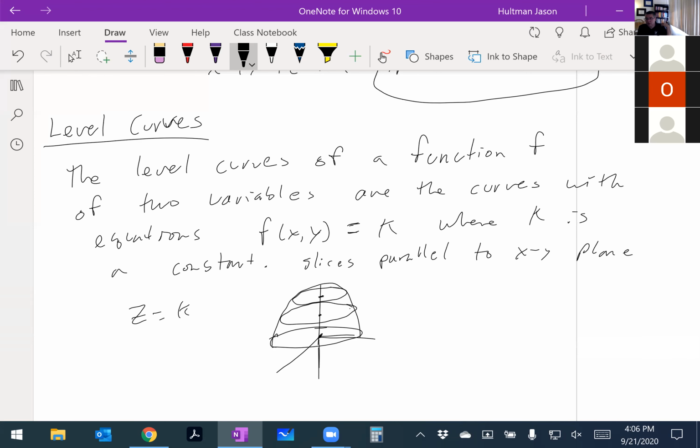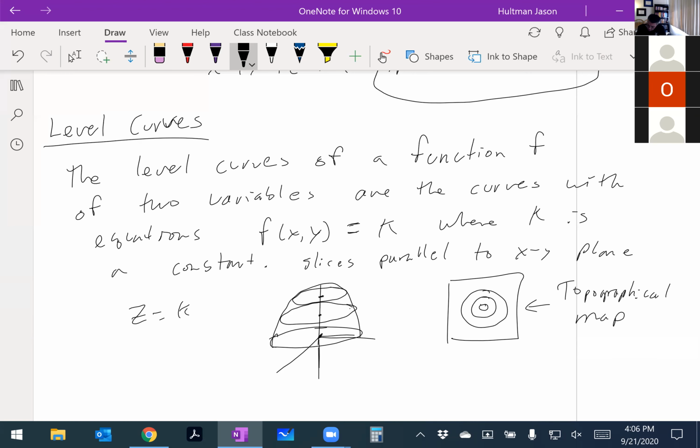Now, if you look at this top down, a bird's eye view, what are you going to get? You're going to get concentric circles, right? And this should be reminiscent of something called the topographical map.